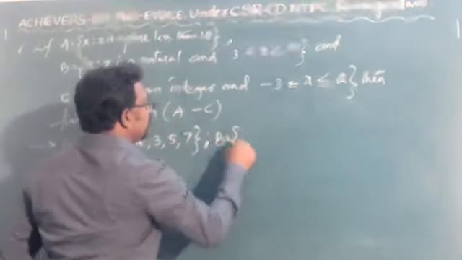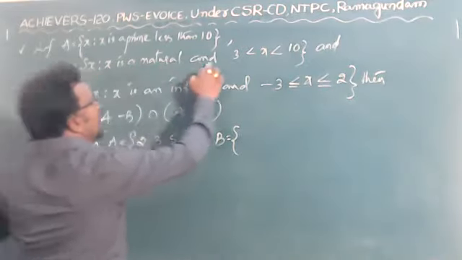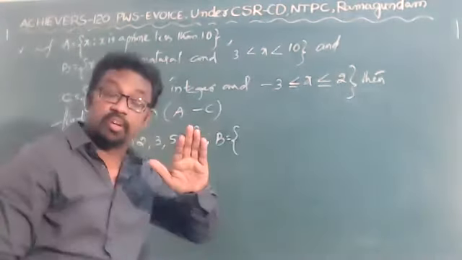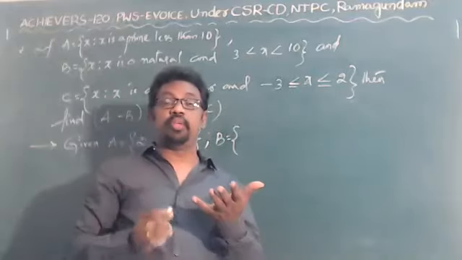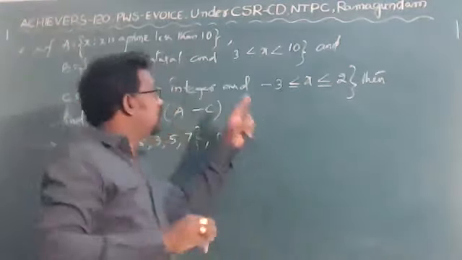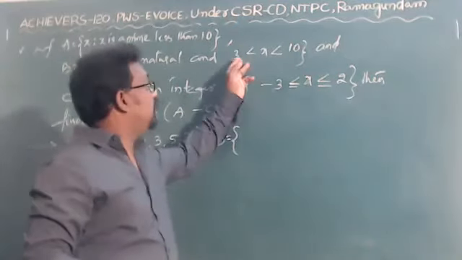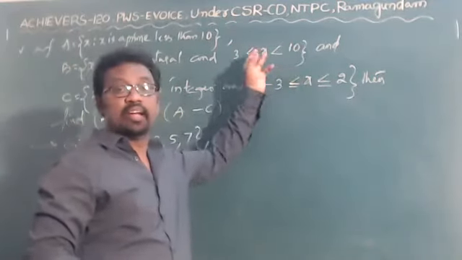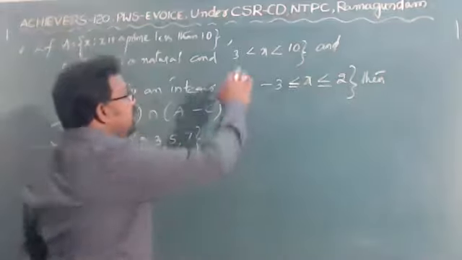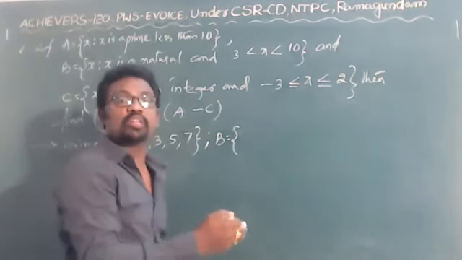Now comes to B. What is B? X such that X is a natural number, the natural condition is given. Natural numbers start from 1, 2, 3, 4, 5, 6, unlimited. But here, 3 should not be included. X should be more than 3.